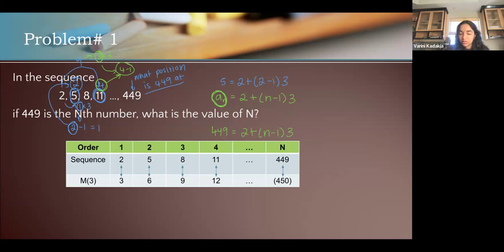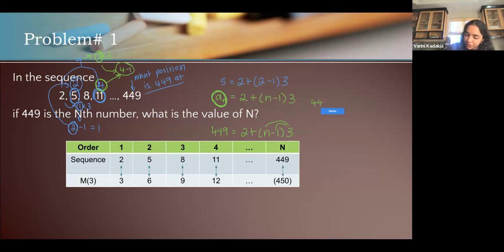You should multiply 2 by n. Wait, what? Group like terms. Yeah, we're finding n, but what is the first step I should do? You should multiply 2 by n and 2 by minus 1. Okay, so we're gonna distribute, right?